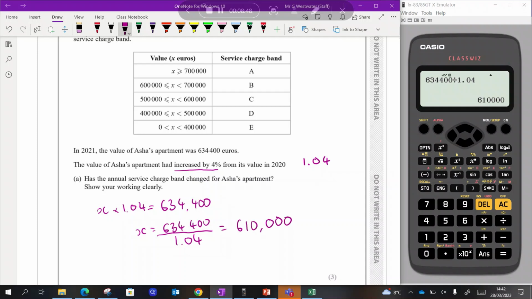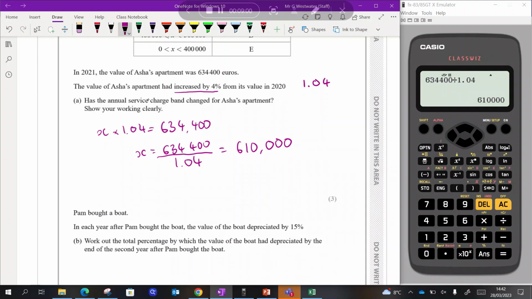Okay, so that is going to be in band B, and when it was 634,400, it was also in that band B. So has the annual service charge band changed for Asher's apartment?